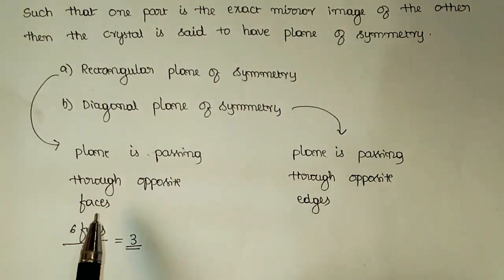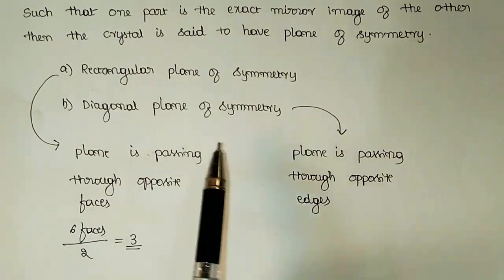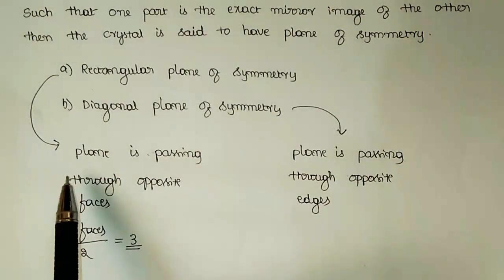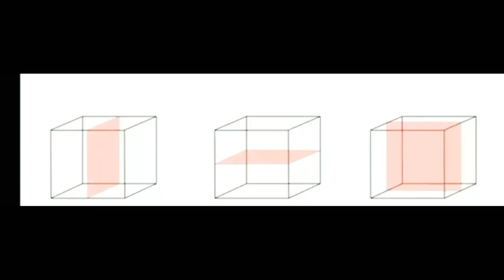One plane will cover 2 faces, so 6 divided by 2, totally we are having 3 rectangular planes of symmetry in cubic crystal, and we shall see how the 3 rectangular planes of symmetries are there in this cubic crystal. Here you can see the planes are passing through opposite faces, and that cuts the crystal into 2 halves where each part is exactly mirror image to the other, so having the plane of symmetry.